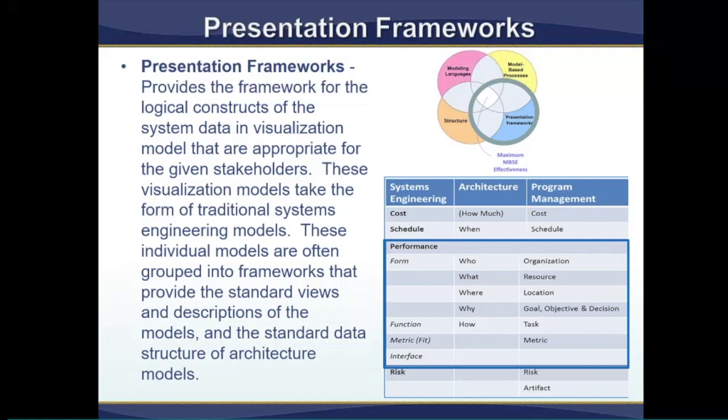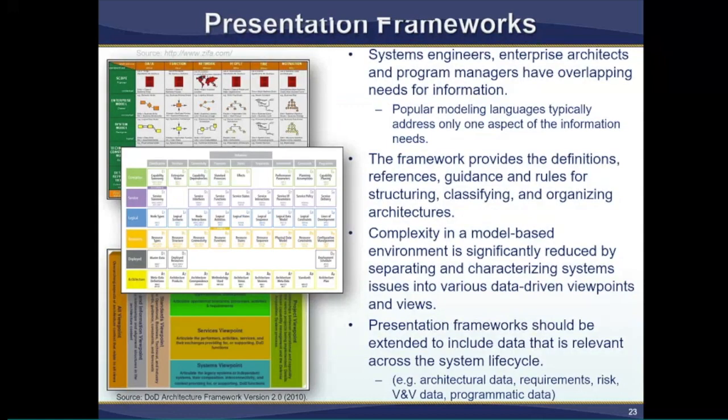So typically the modeling languages talk about one aspect of the information needs. We're good at providing architecture data in our languages, but we're not always so good at other aspects of the data that will represent everything else.